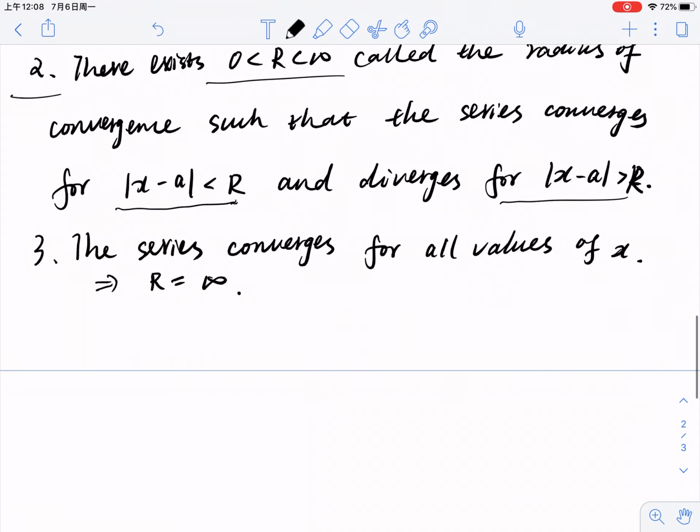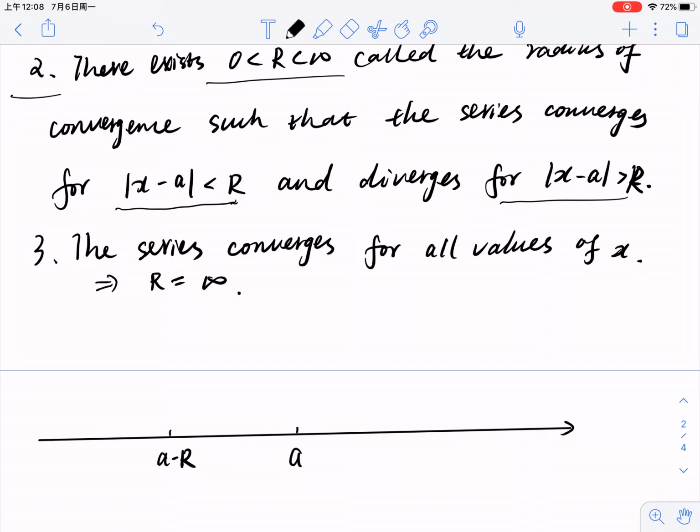If we also draw it on the real line, this is the center a, and here is a minus R, and here is a plus R. Then from here to here is called the interval of convergence.